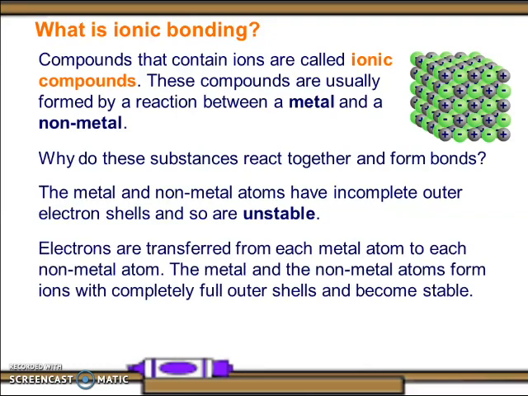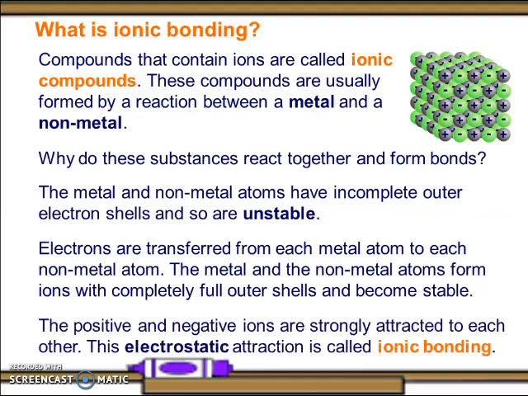Electrons are transferred from each metal atom to each non-metal atom. The metal and the non-metal atoms form ions with completely full outer shells and become stable. The positive and negative ions are strongly attracted to each other. This electrostatic attraction is called ionic bonding.